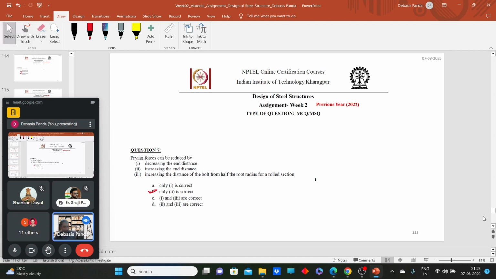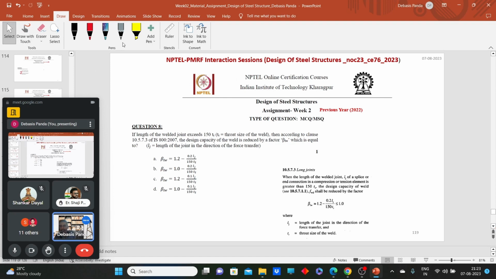Okay. Now next question here. I have also told you that for the weld connection, if we have a long joint where the weld joint exceeds 150 times the throat thickness, then we need to introduce one reduction factor, and that is this 1.2 minus 0.2 lj by 150 tt. So we have to introduce this here.